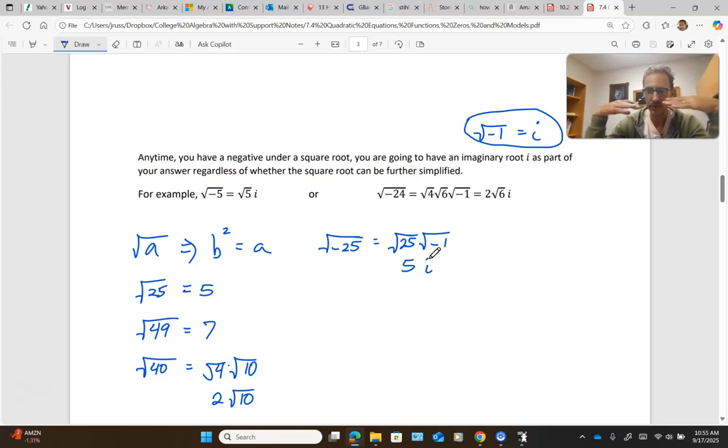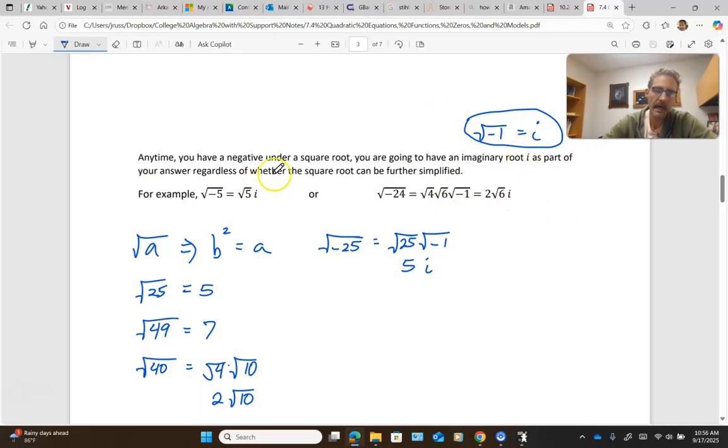We mainly deal with the real numbers, the numbers that are on the x-axis, but there are other numbers that involve i. Okay? And that larger set of numbers that not only includes the real numbers, but also numbers with i in them, that larger set is called the set of complex numbers. Just so you know.